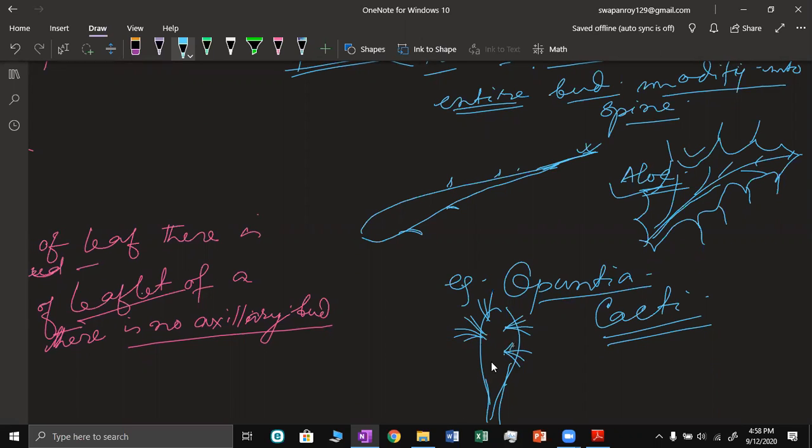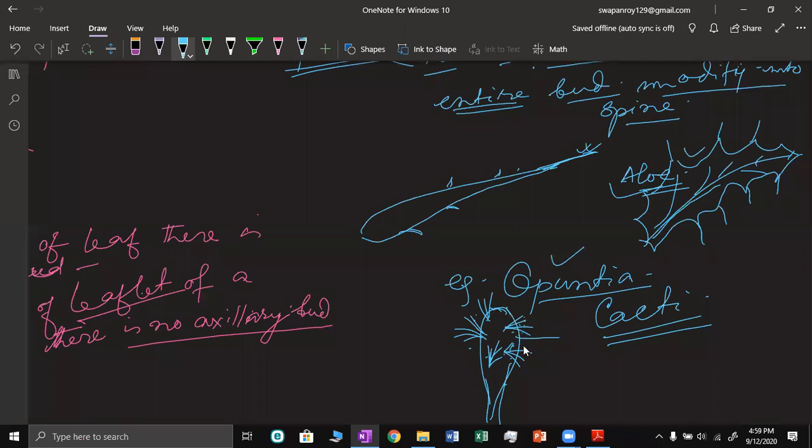In a bud, there are many leaves, and those leaves have modified into spines. In opuntia, the stem has modified into phylloclade, and the leaves have modified into spines.